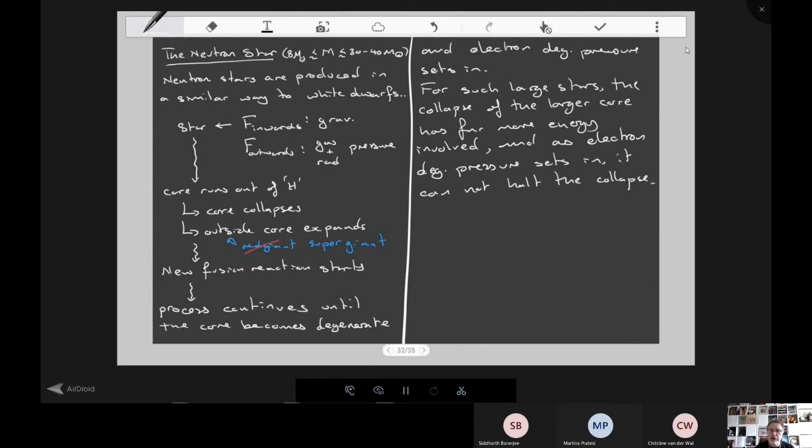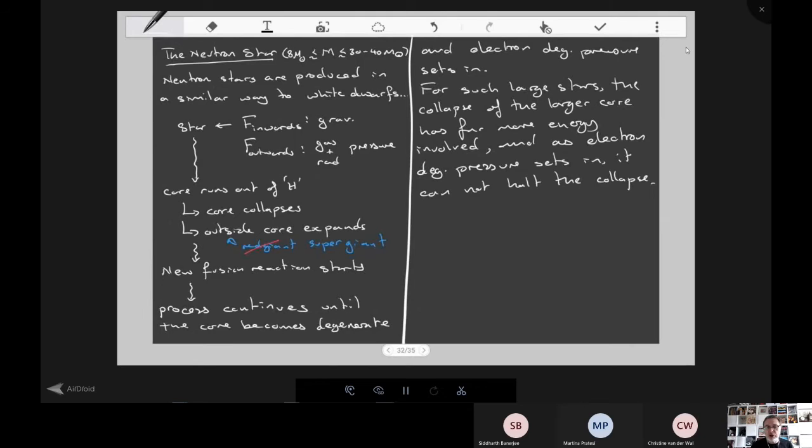The collapse is a lot more energetic. But when electron degeneracy pressure sets in, surely it has to be able to stop it, because eventually the thing will be so small that the energy spacings will be ginormous. It has to work. There is no denying it, and that's true.